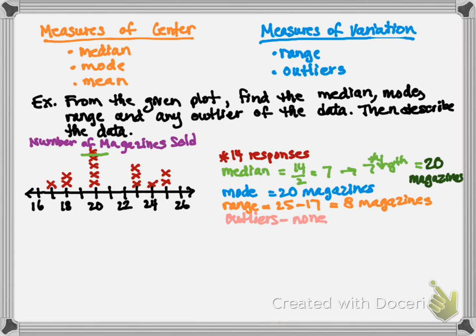Now we could actually calculate it by doing quartile 1 and quartile 3 from the data and using our formula, IQR times 1.5, subtracting that from Q1 and adding it to Q3 to see if we have any outliers, but we're not going to. So here's my response. There are 14 responses to this survey.